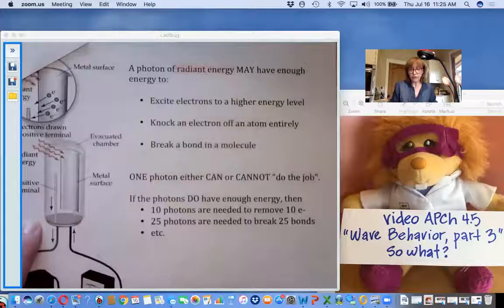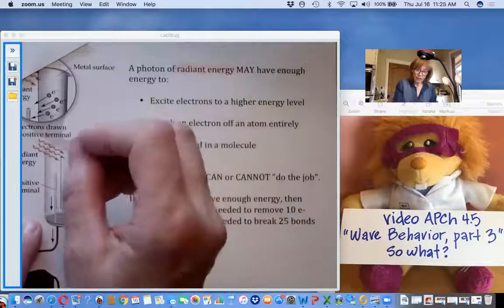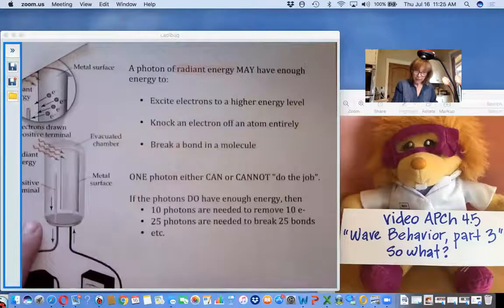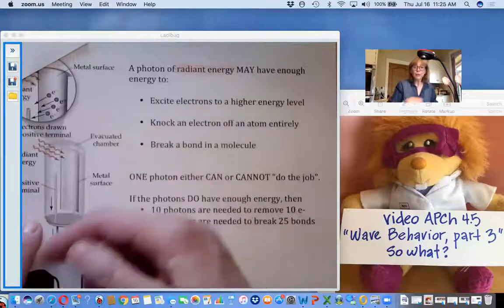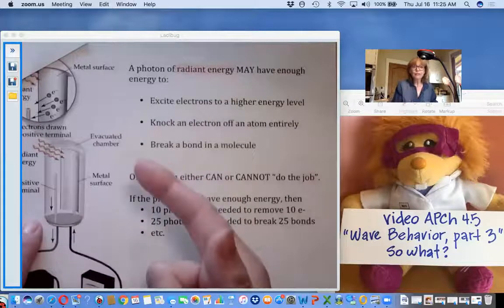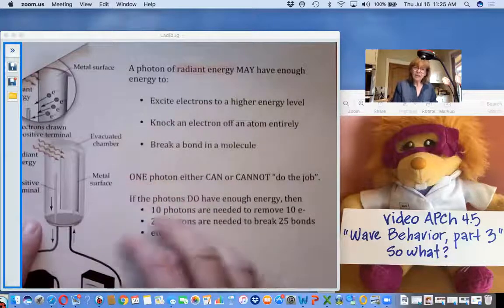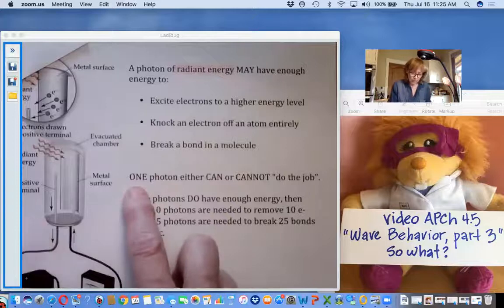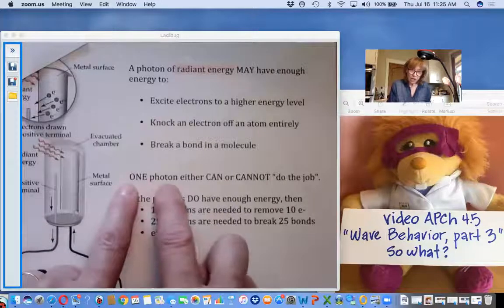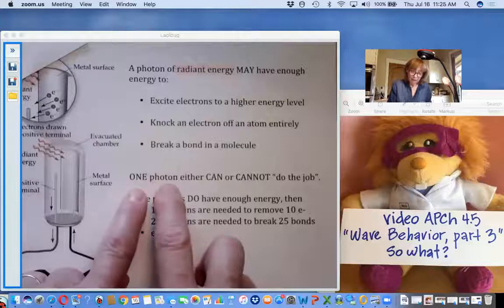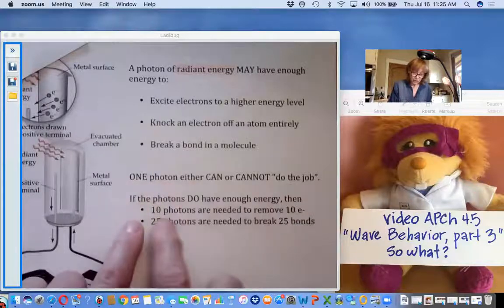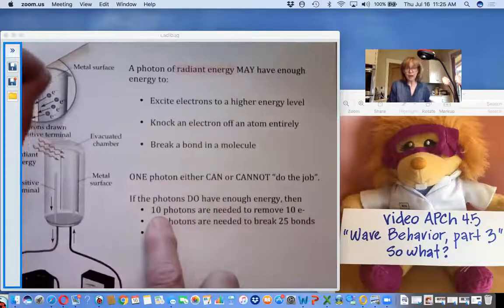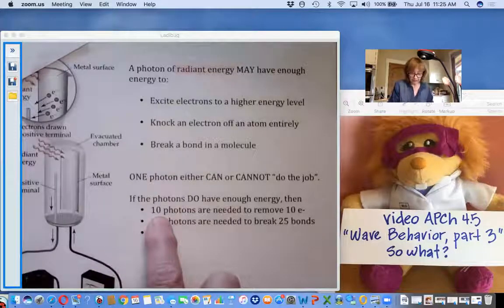Okay, that photon has done its job. But here comes another photon, striking another beryllium atom and removing the electron from the second beryllium atom, and so on. So I want you to be clear that these photons, if they have sufficient energy to do the job, each have the opportunity to hit one atom and remove one of its valence electrons. And then the second photon would come along to the second electron.